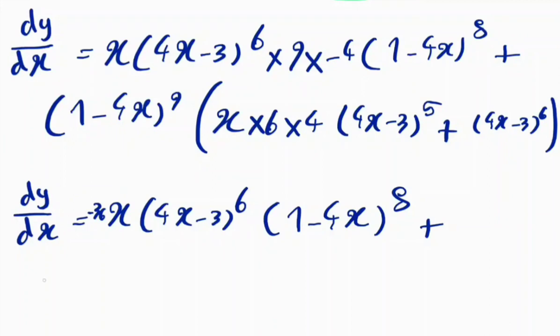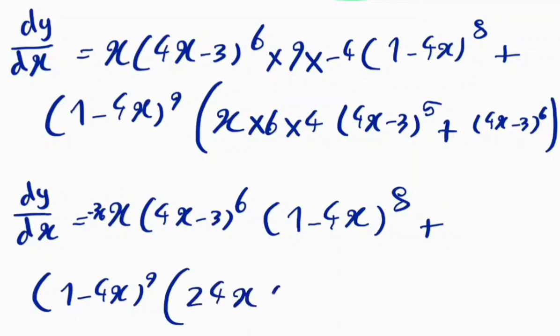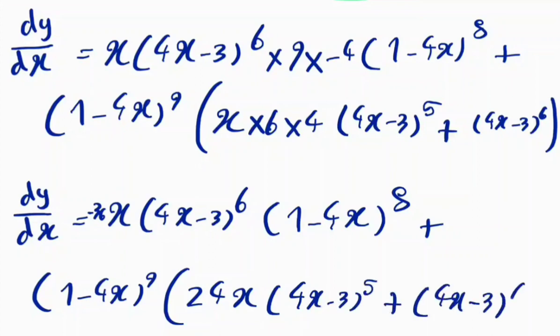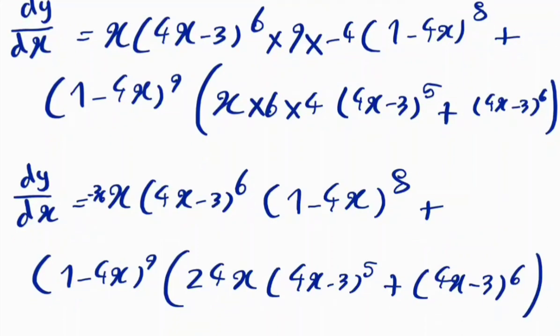And then for the second bit, we have 1 minus 4x to the power of 9 times inside. Inside we have 24x times 4x minus 3 to the power of 5 plus 4x minus 3 to the power of 6. Of course, we can expand the second half and do some factorizing, but it's not necessary.